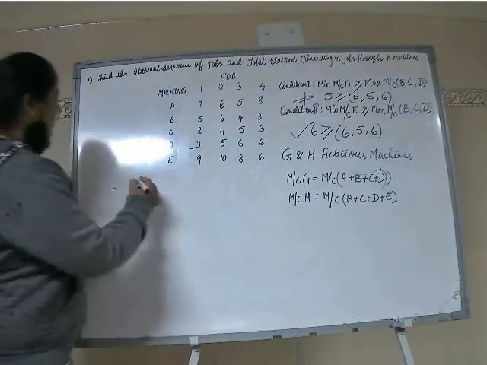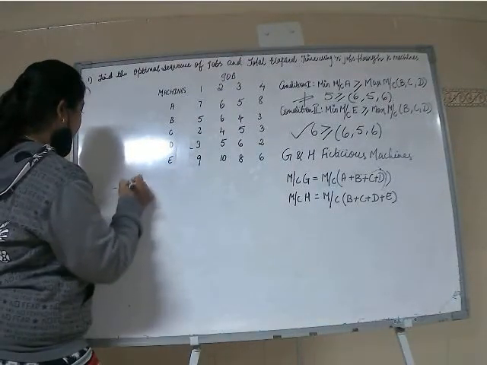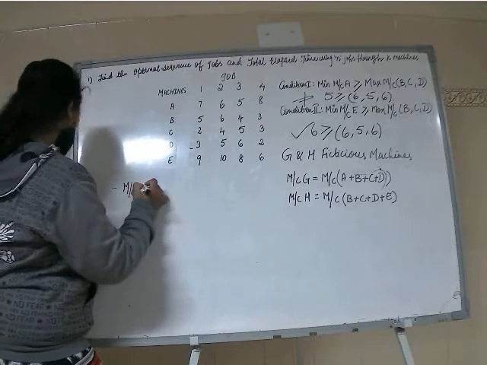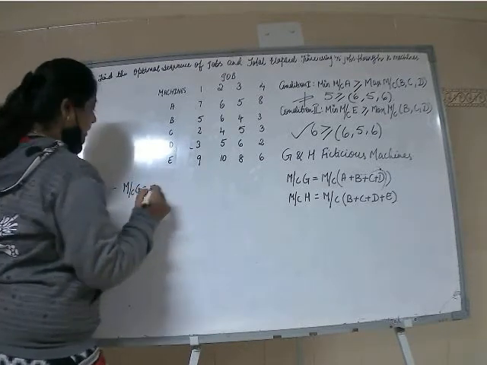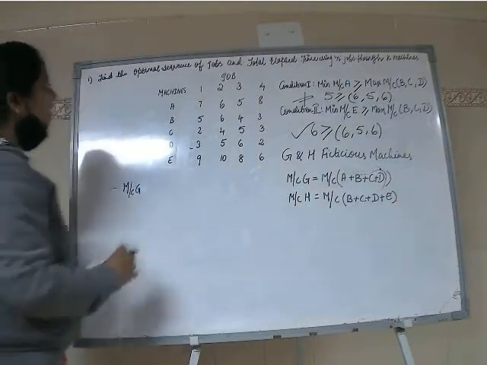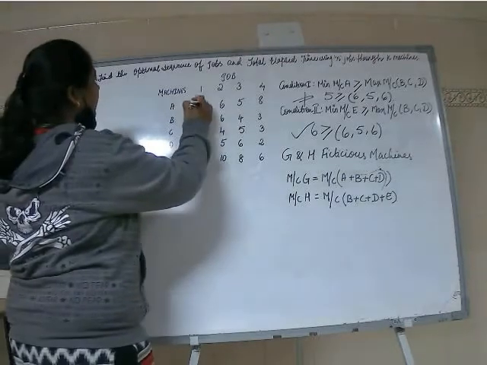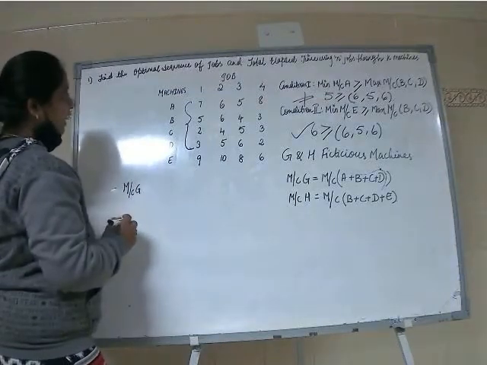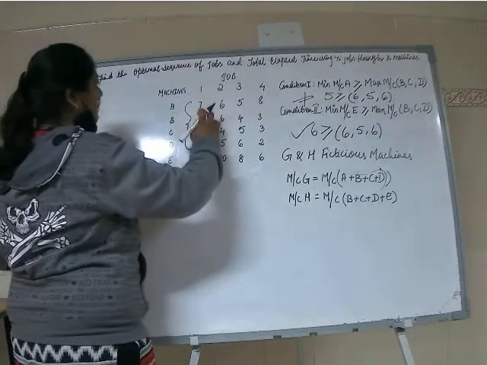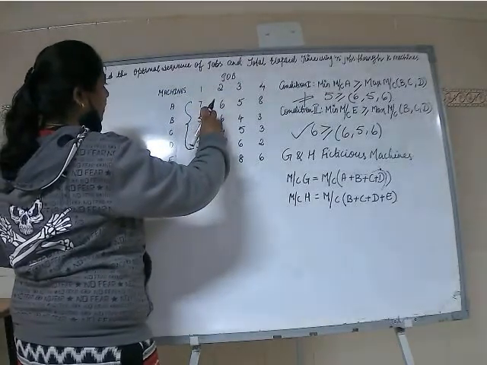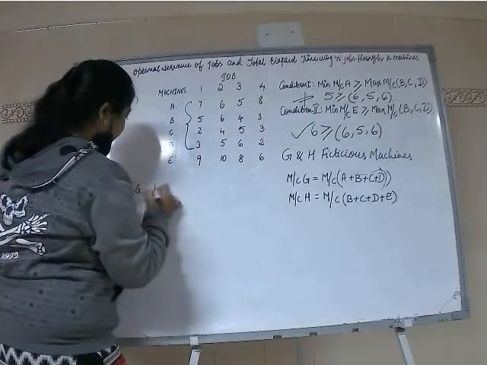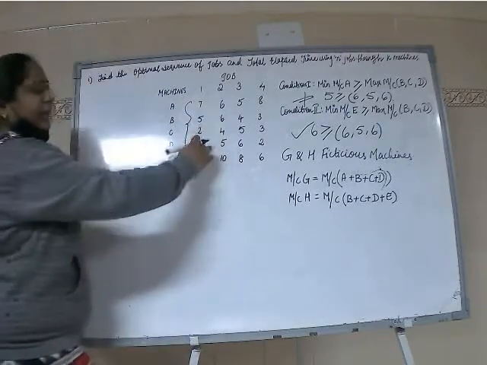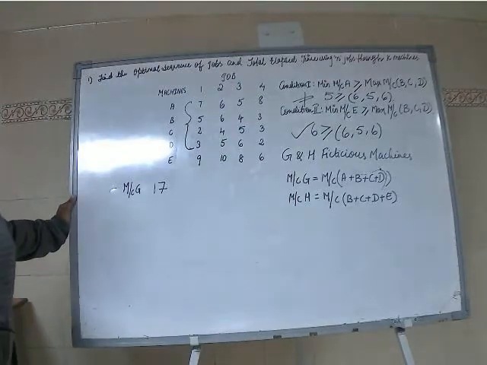Now let's calculate the machine G and H values. For machine G, you need to add them as I have told you, from A to D. That is 7 plus 5, 12, and so on, which sums up to 17.